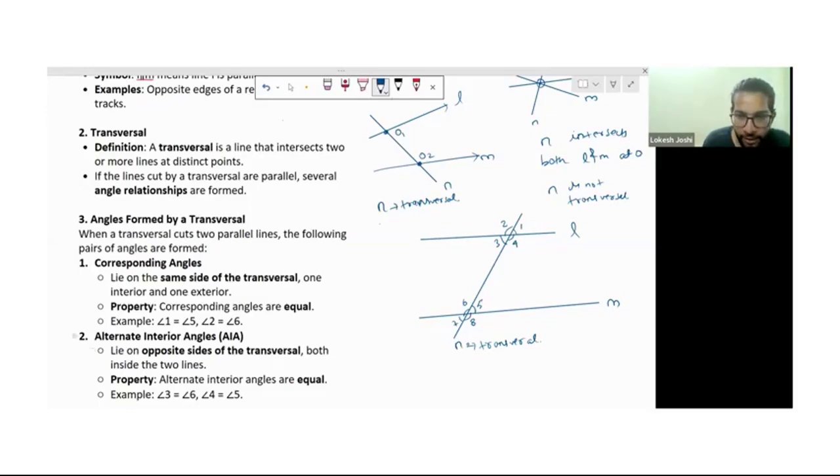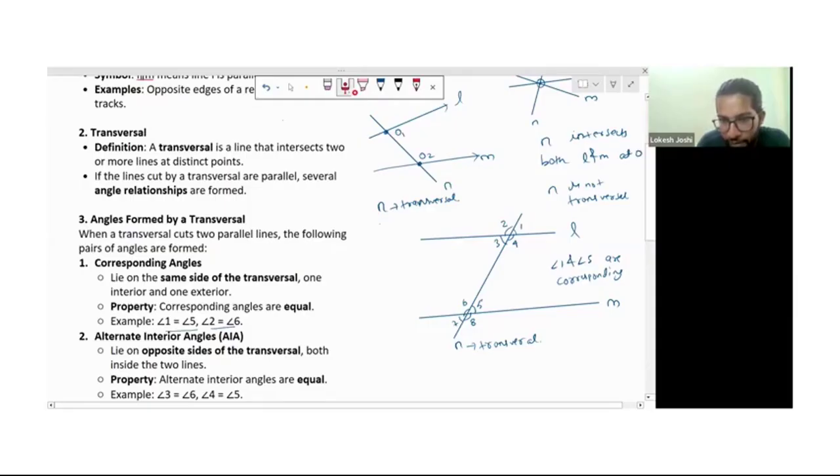It's also written there, 1 and 5, 2 and 6. So we can say angle 1 and angle 5 are corresponding angles. Okay, which means angle 5 is on the right side of the transversal. This is our transversal, angle 5 is on the right side and 1 is also on the right side. But 5 is interior and 1 is exterior, which is written there.